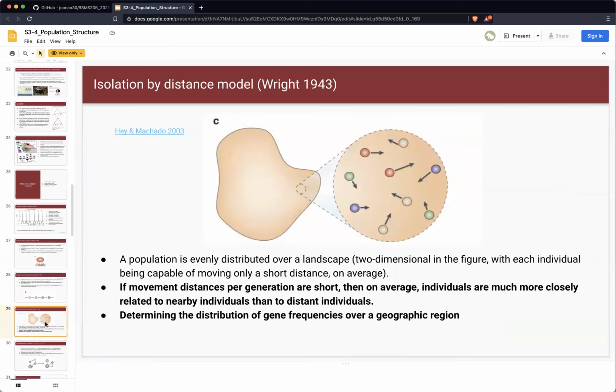And then the isolation by distance model. So they have the major movement in their population by the different subpopulations. Geographically, they are in the largest chunk, and within the chunk, each population migrates to different places.